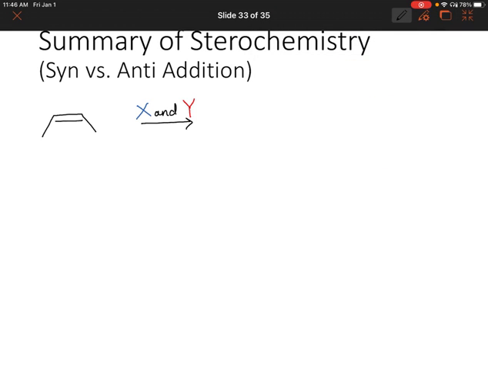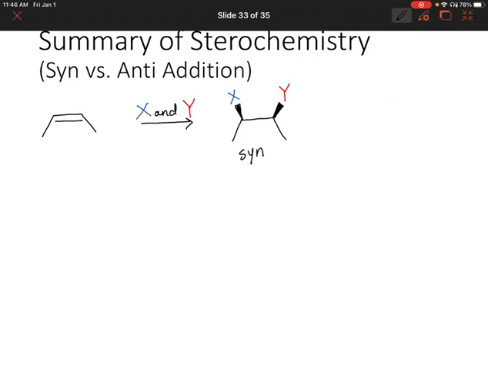So again, we could have syn addition of these two groups. So we'll just draw them both as wedges, but they could be dashes too, because either one might occur, as long as they're syn to each other.